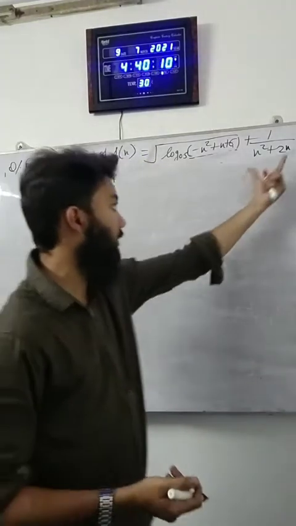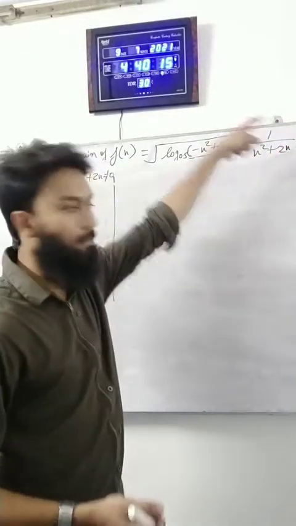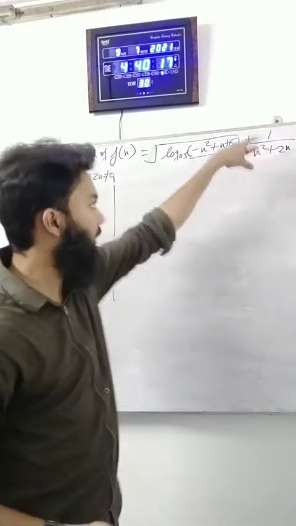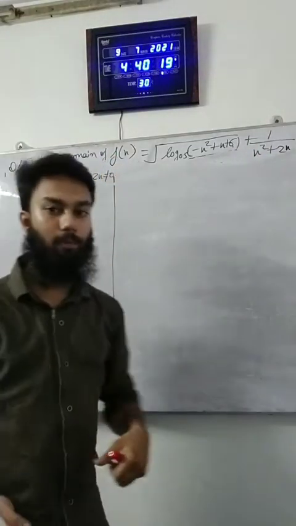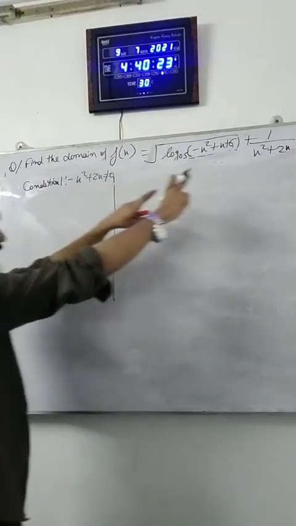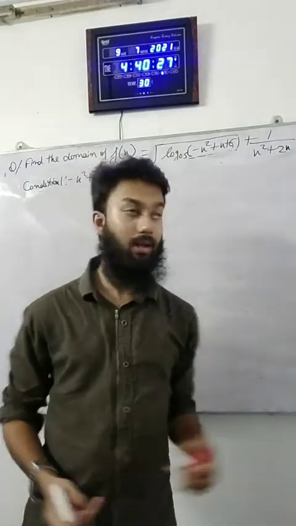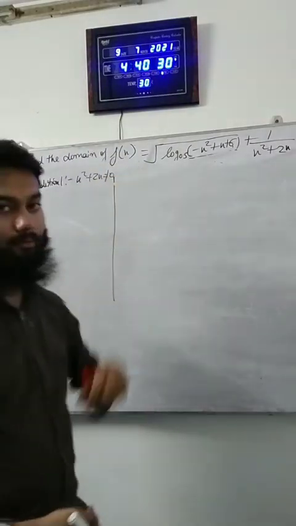Why? Because if this denominator becomes equal to 0, then this fraction will be undefined, and then our function will also be undefined. This is the first condition.